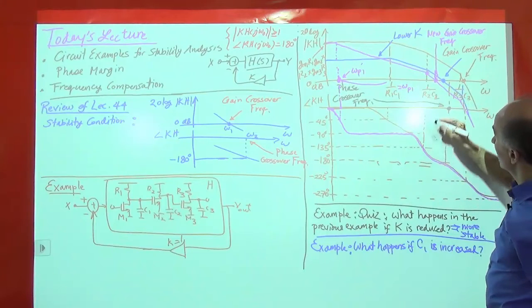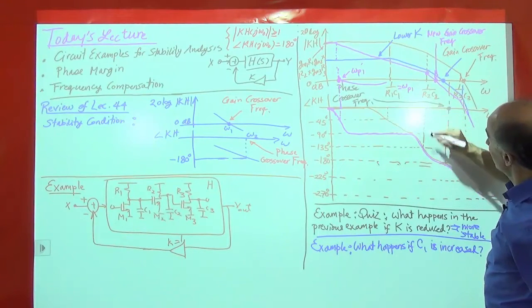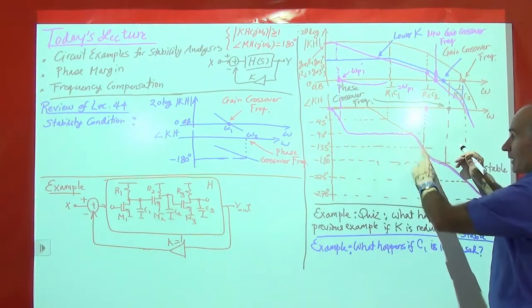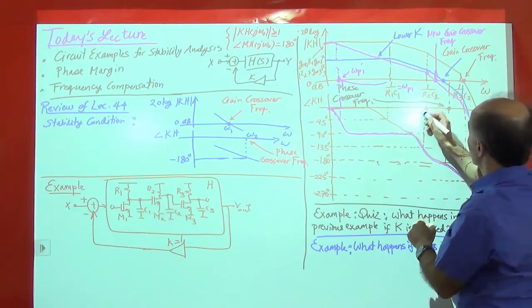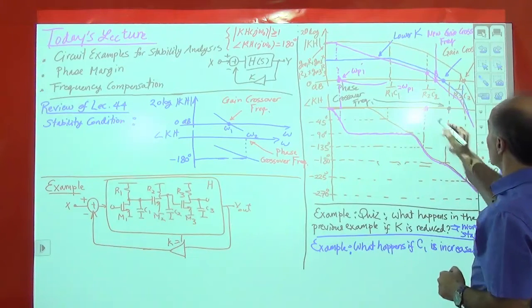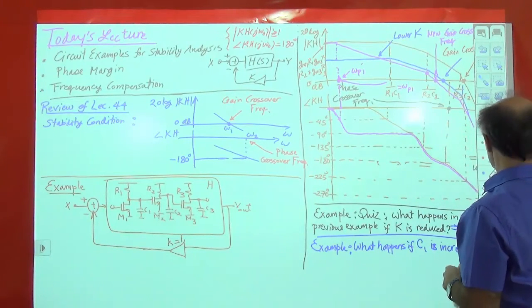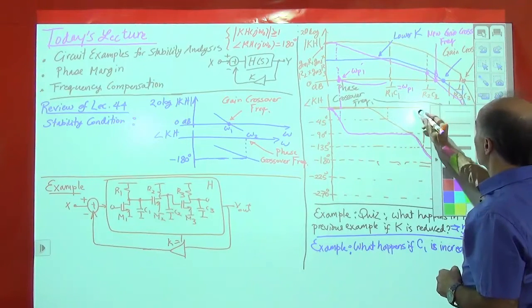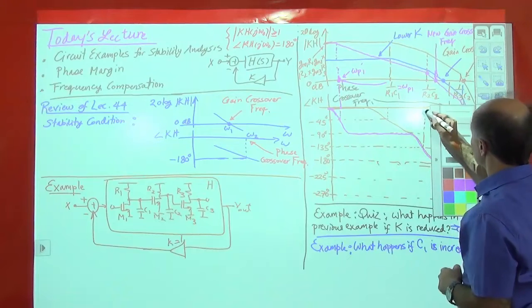It's still here. It's still here because it was really this part of the plot that changed. Sorry, not here. Not here. It's at 180. So let me erase this quickly and reconstruct this part quickly.